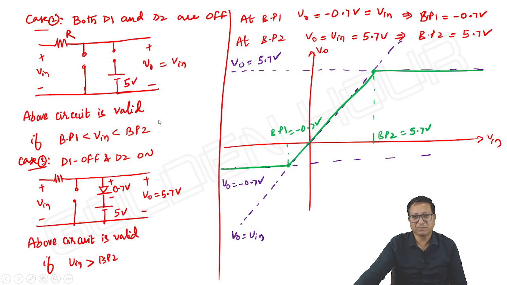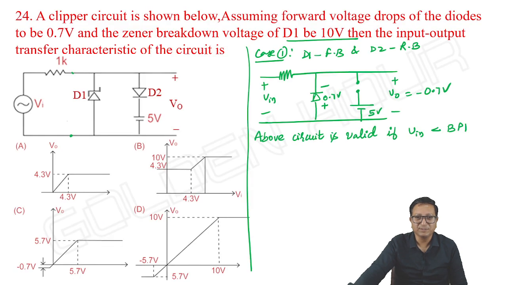These three problems will give the transfer characteristics same as that of this. Even though D1 is a GNR diode, as its breakdown voltage is more than 5.7, the third case is simply output is equal to 5.7.